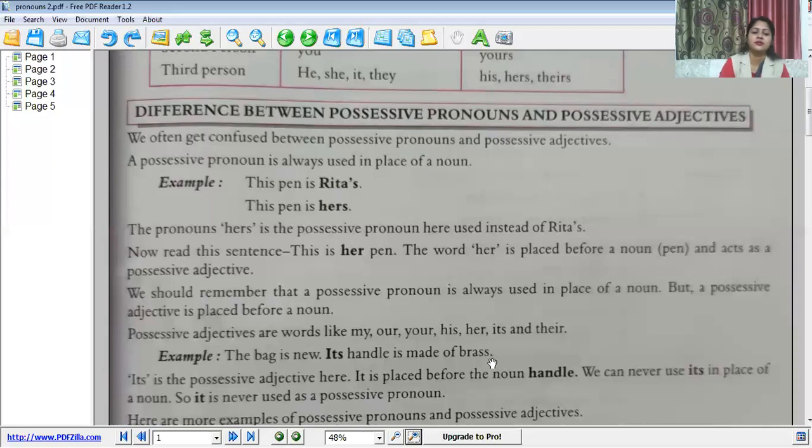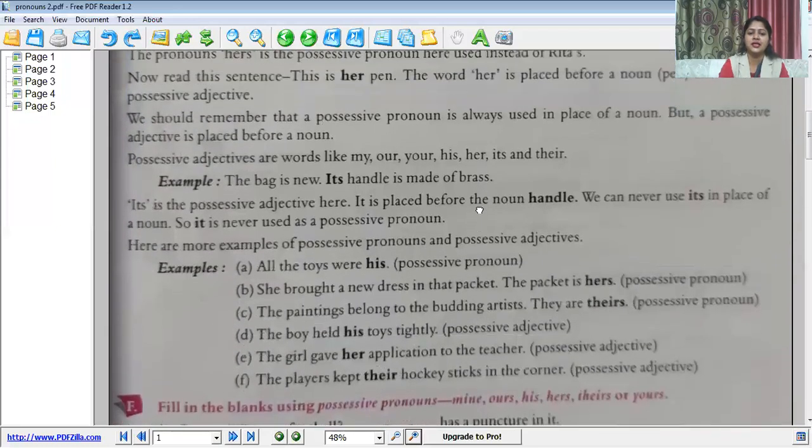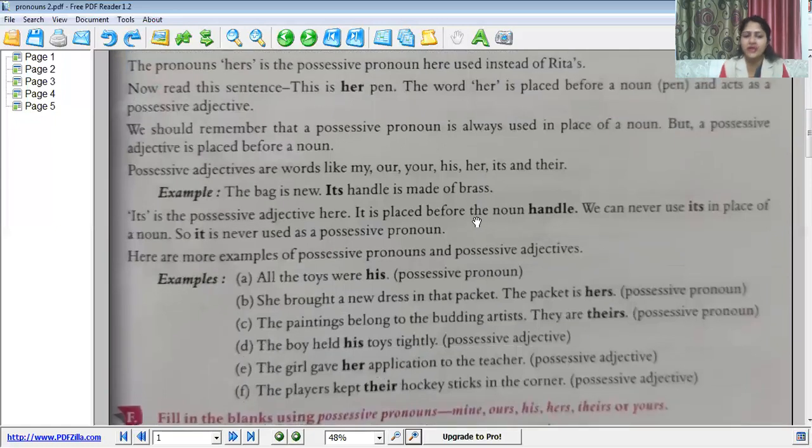Okay, children? Now, there are some examples of possessive pronouns and adjectives. Let's see this and then we'll move ahead to do an exercise. Okay? See the examples. All the toys were his. Okay, his is some person. We have not named that person. So, his here is a possessive pronoun.